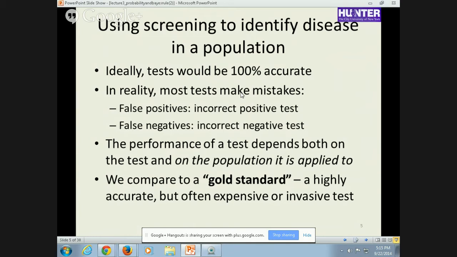So an example with cancer might be the PSA test for prostate cancer for men, the prostate-specific antigen, which is a protein that can be secreted by prostate cancer into the urine. You can test for this. It's cheap. It's easy to do.